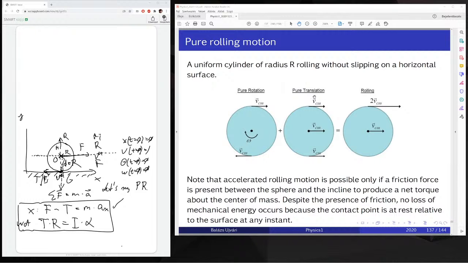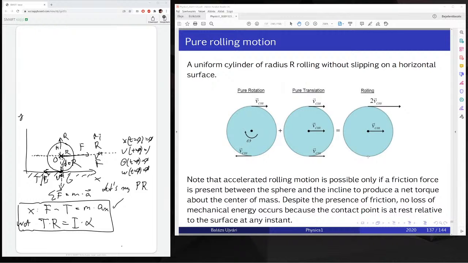On the upper side there is one v equal omega times r plus another v equal omega times r. The v will be doubled, and in the lower part, since we have the same velocity but with opposite direction, there is no v here, which means it's stopped.